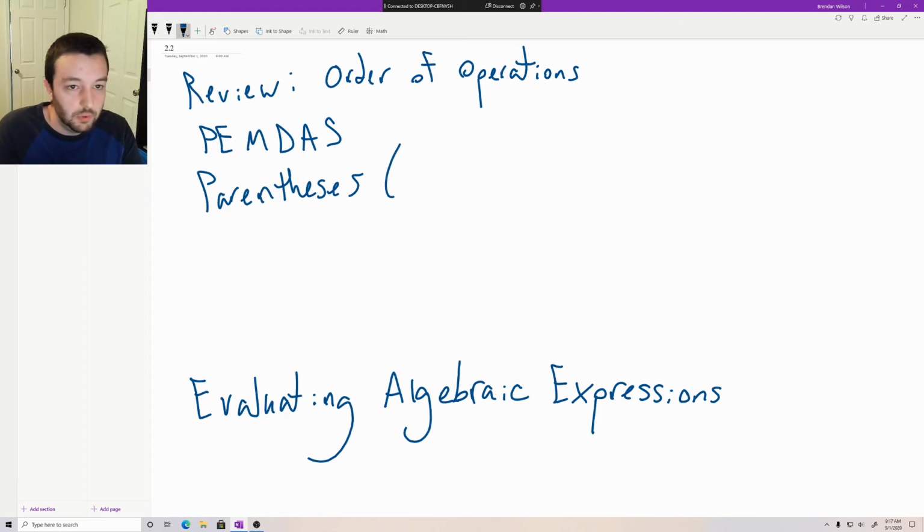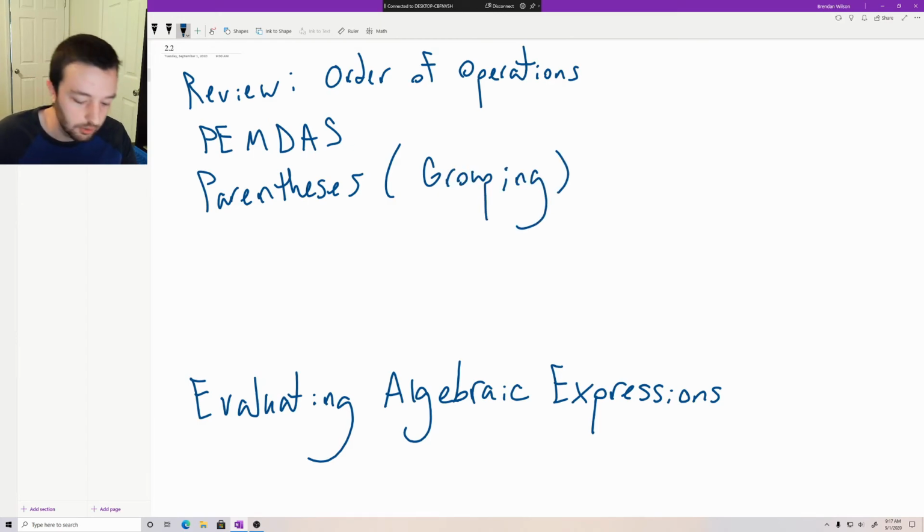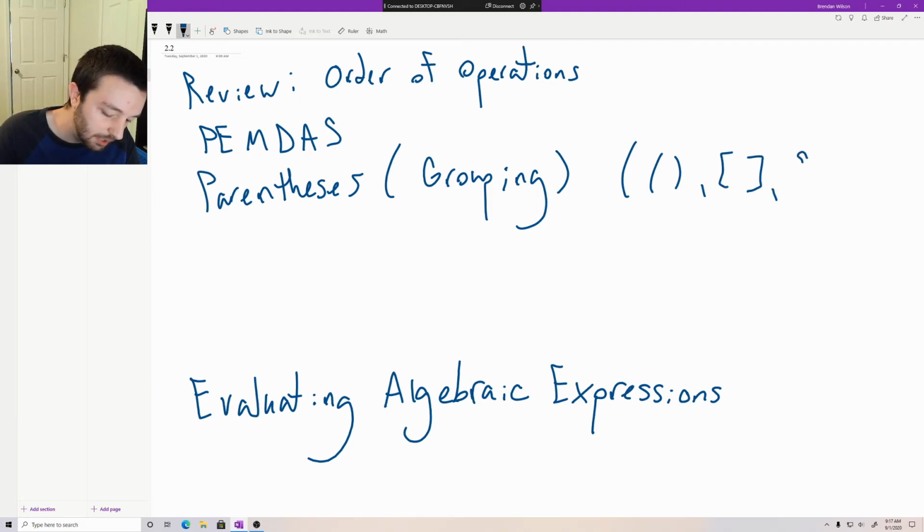And if you want to be a little more general about it, you can think of it as brackets. Or really, I mean to say grouping. Any kind of symbols where you're grouping things together. So this could be parentheses. It could be brackets. Sometimes we'll use these curly brackets.